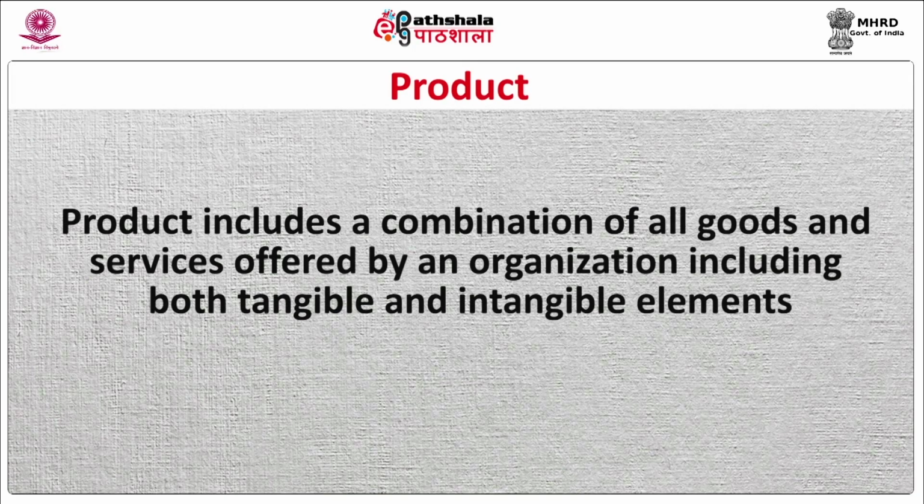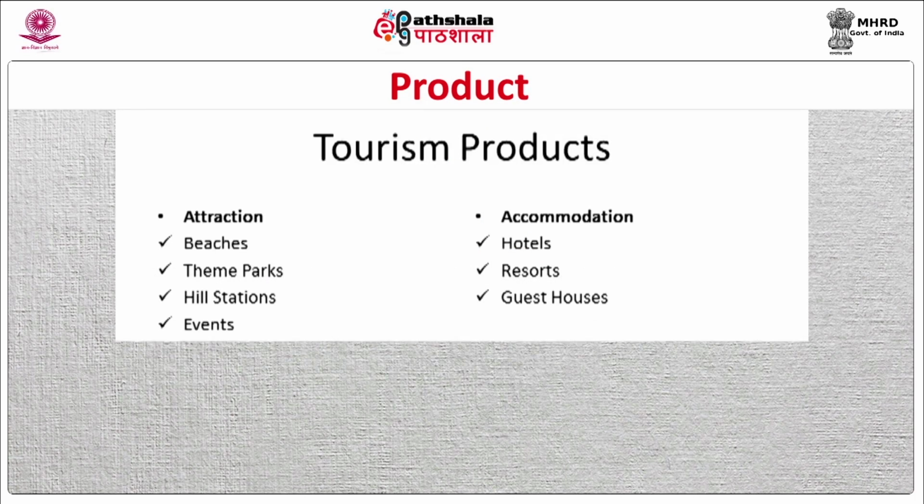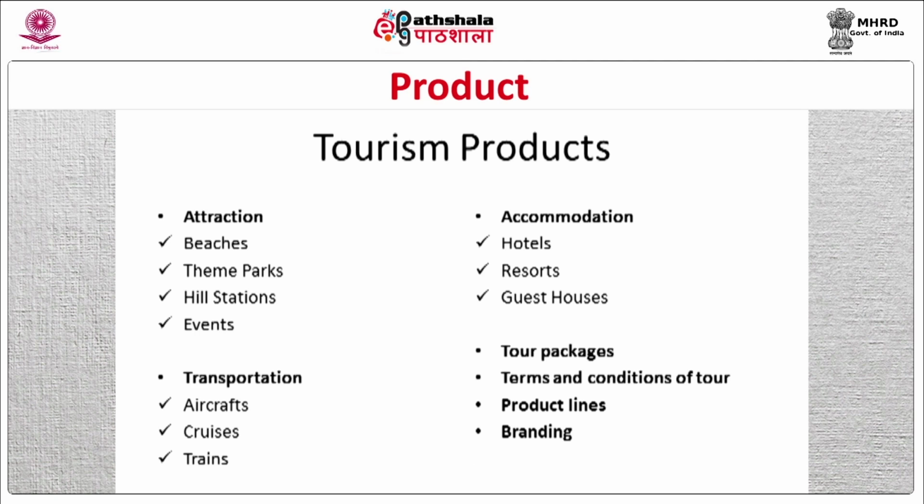Product. Product includes a combination of all goods and services offered by an organization, including both tangible and intangible elements. The products of the tourism industry are many and varied.